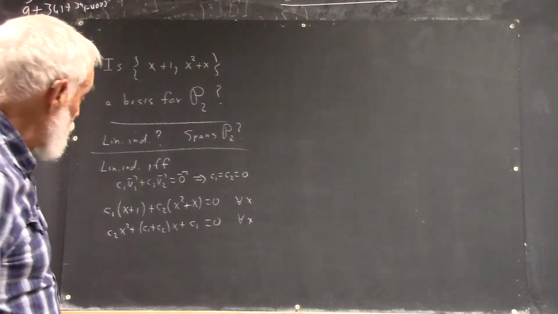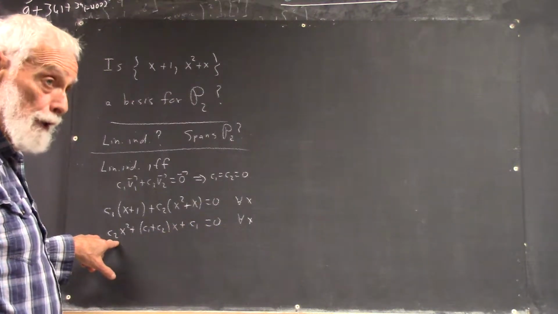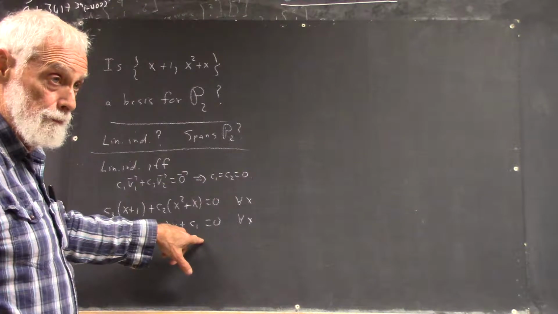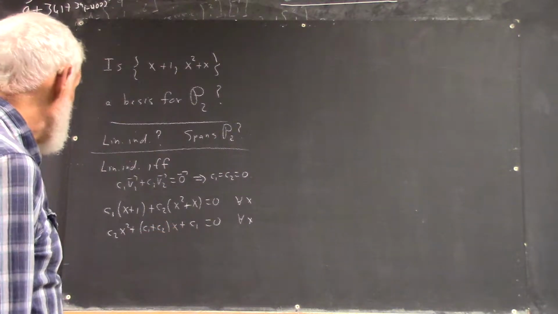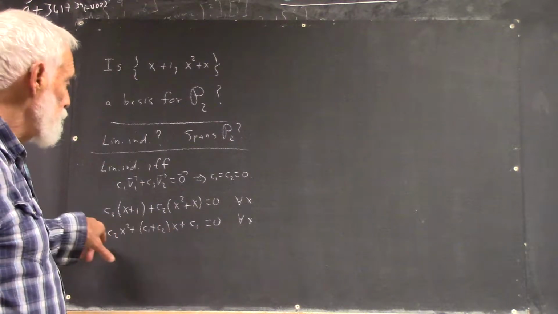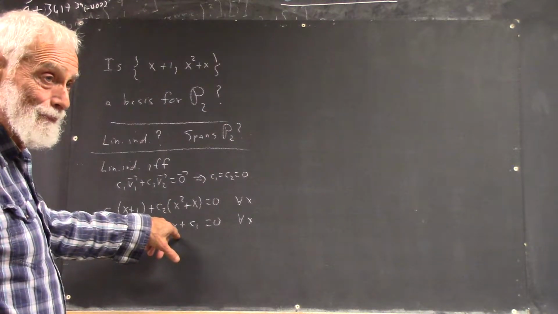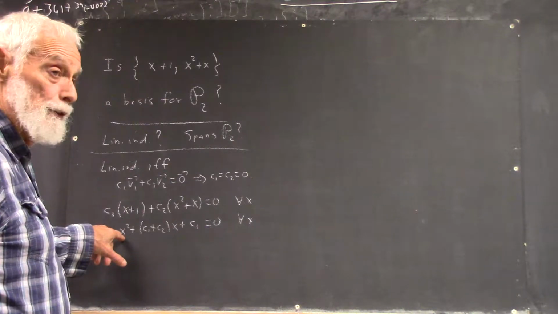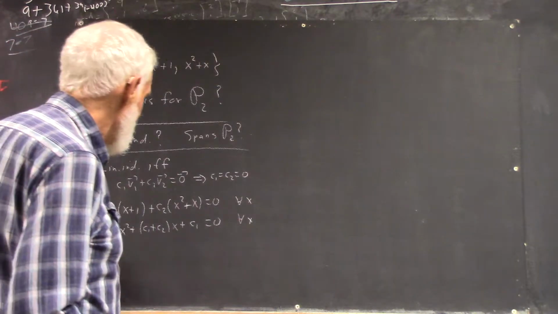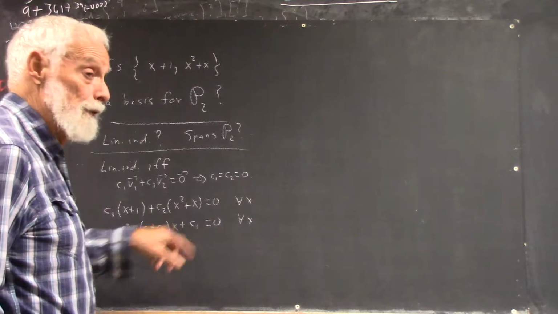Now for all x, if this is 0, that means the coefficient of x squared has to be 0, the coefficient of x has to be 0, and the constant has to be 0. Because if x changes, then what you're multiplying C1 plus C2 by changes, and what you're multiplying C2 by changes by something different. The only way that's going to happen for all values of x is for all three of these things to be equal to 0.